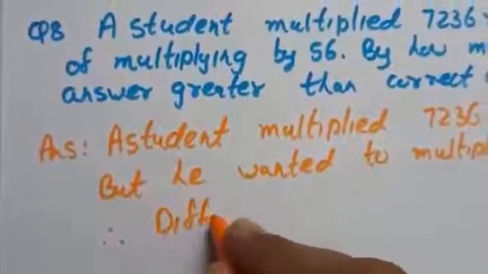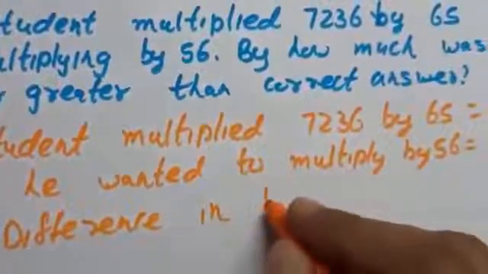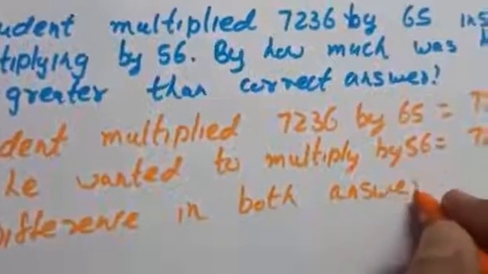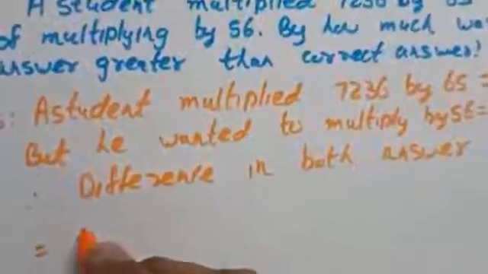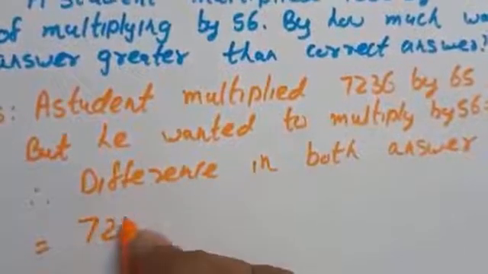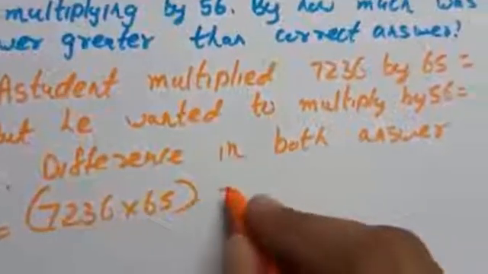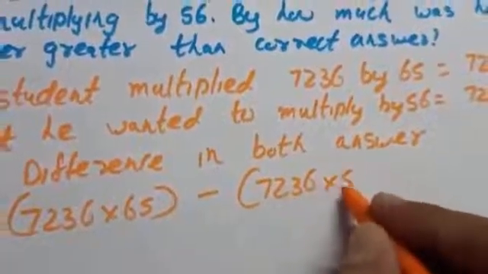Therefore, the difference in both answers, we will use the distributive property. 7236 multiplied by 65 in one bracket minus, means difference, 7236 multiplied by 56.